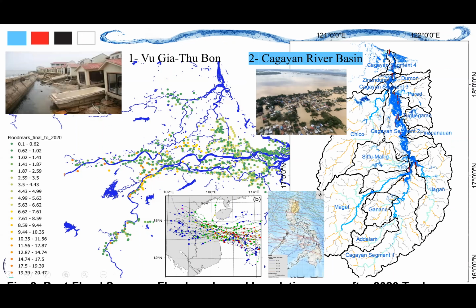The inundation area is very huge in Cagayan River Basin in the Philippines as well. So we collected, based on our field investigation, two parts related to the flood marks and related to the inundation depth in the downstream reach where agriculture area or different land use have been flooded.